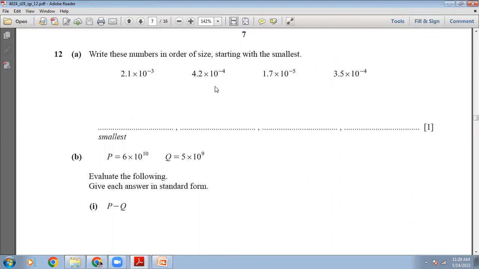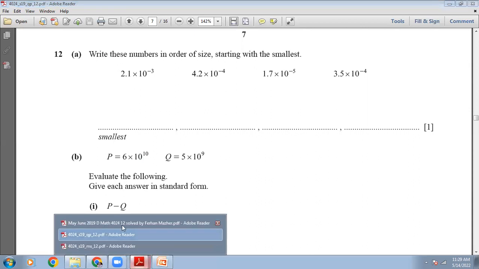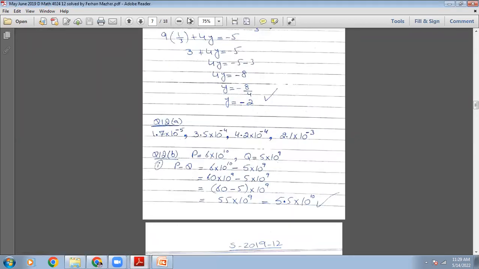Now these two have the same power, 10 raised to power minus 4. Then we will decide on the basis of the coefficient. So this coefficient here, this 3.5, will come first. Then this will come, and at the last, this will come. So hopefully you understand. Let me show you my solution.